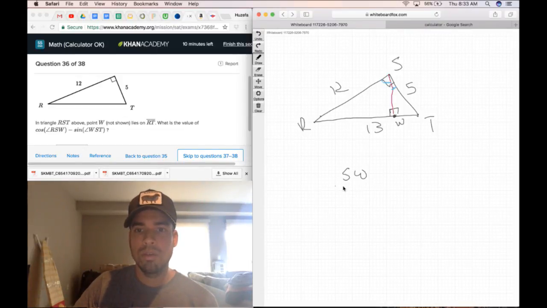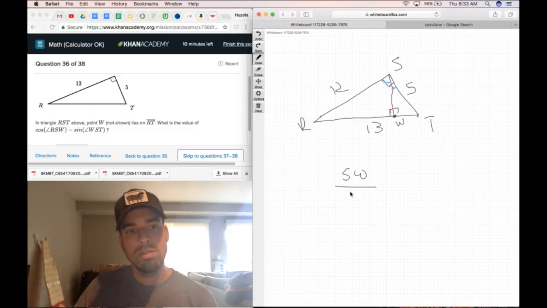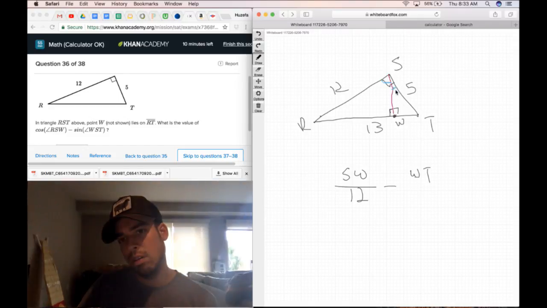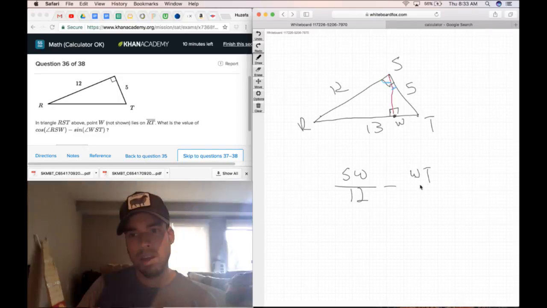So SW over 12 minus sine of this, which is WST. Sine is opposite, WT over hypotenuse, which is 5.